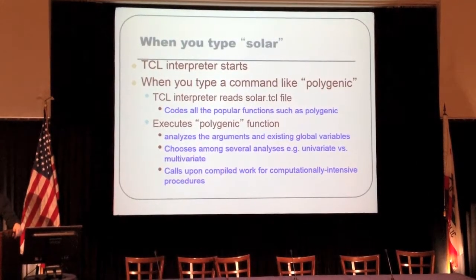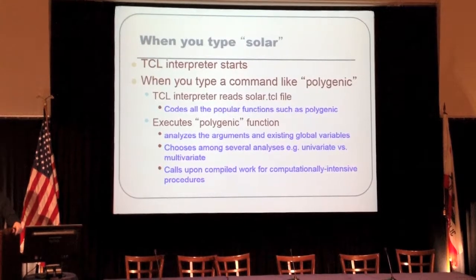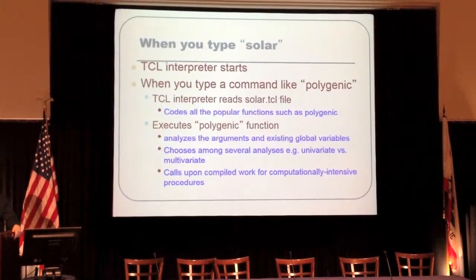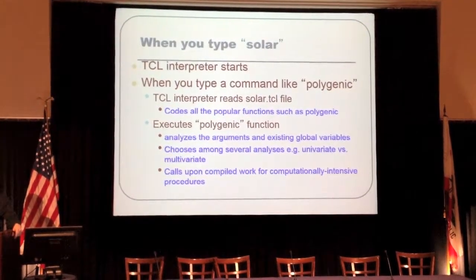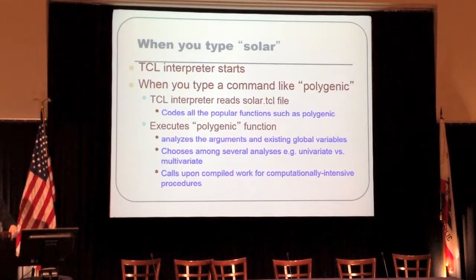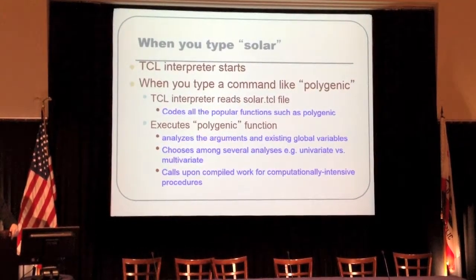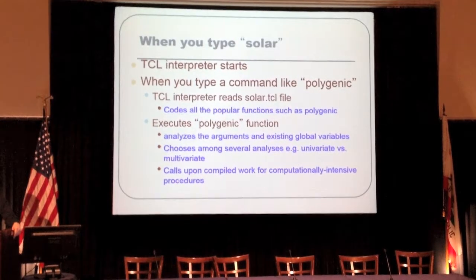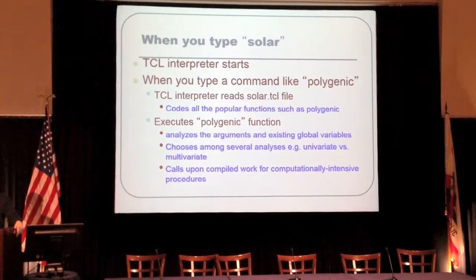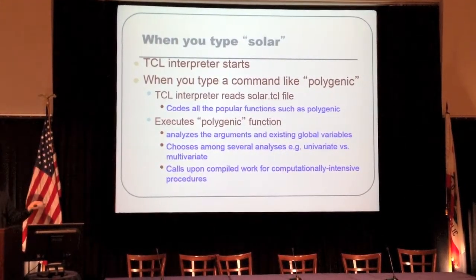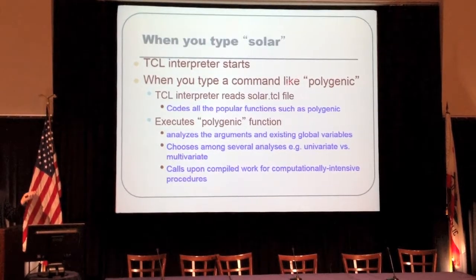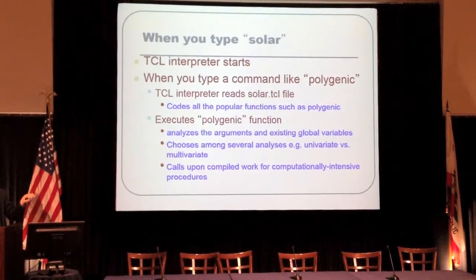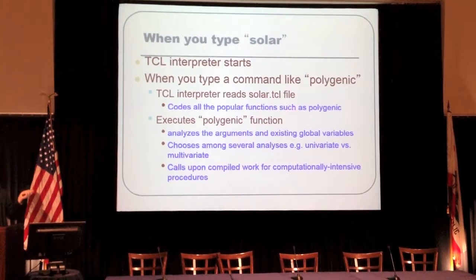So when you install SOLAR and you type solar, the TCL interpreter starts. And when you type a command like polygenic, which is a very ubiquitous command that does the polygenic modeling, the TCL interpreter reads a solar.tcl file, which codes for all the popular functions such as polygenic.